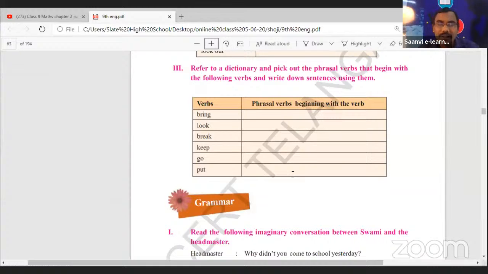You will have to write a sentence also, isn't it? Write the sentence. He went to school to bring his brother back.